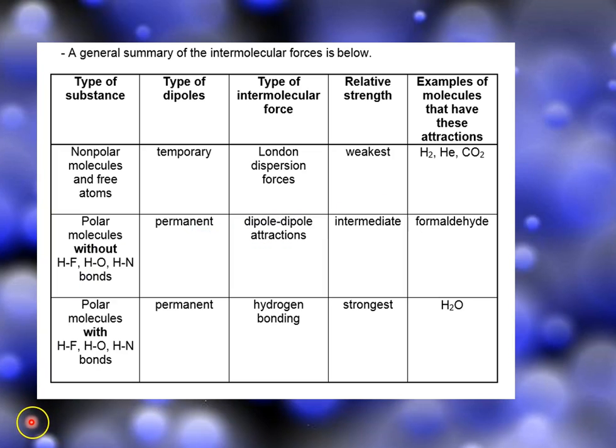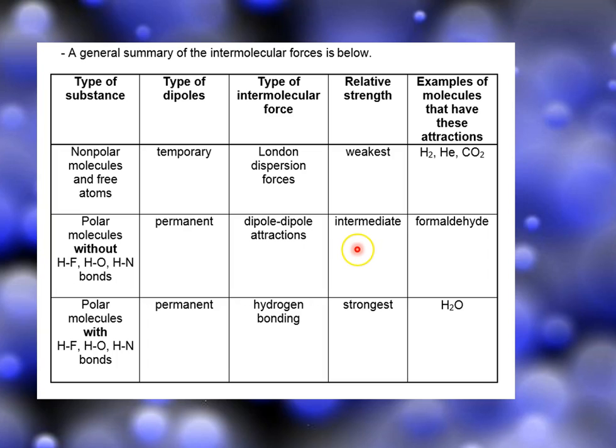If we take a look at the different kinds of substances, here we have a nonpolar molecule with a temporary dipole and London dispersion forces. This is the weakest, and then some examples. Polar molecules that do not have hydrogen-fluorine, hydrogen-oxygen, or hydrogen-nitrogen bonds have permanent dipoles and form dipole-dipole interactions.